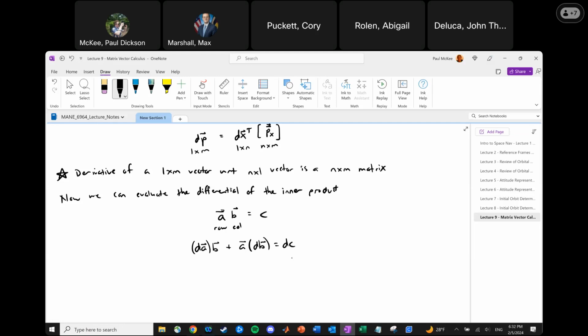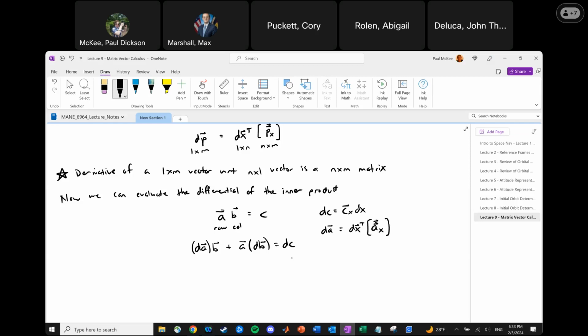But now remember what we've already discussed. If you have a scalar, the differential of a scalar is C with respect to x dx, right? The differential of a scalar is a vector. Similarly, the differential of the vector A, which is a row vector, is going to look like dx transpose times A sub x double over bar.